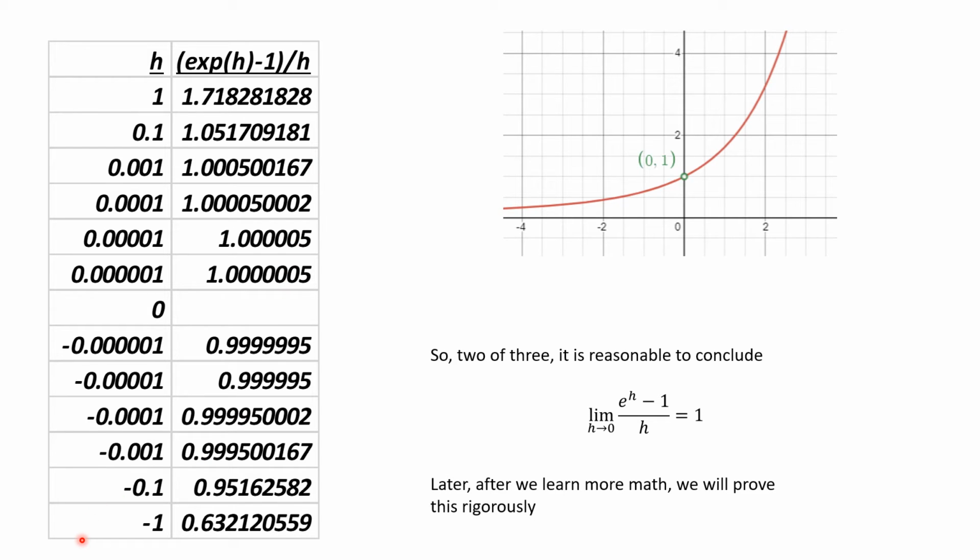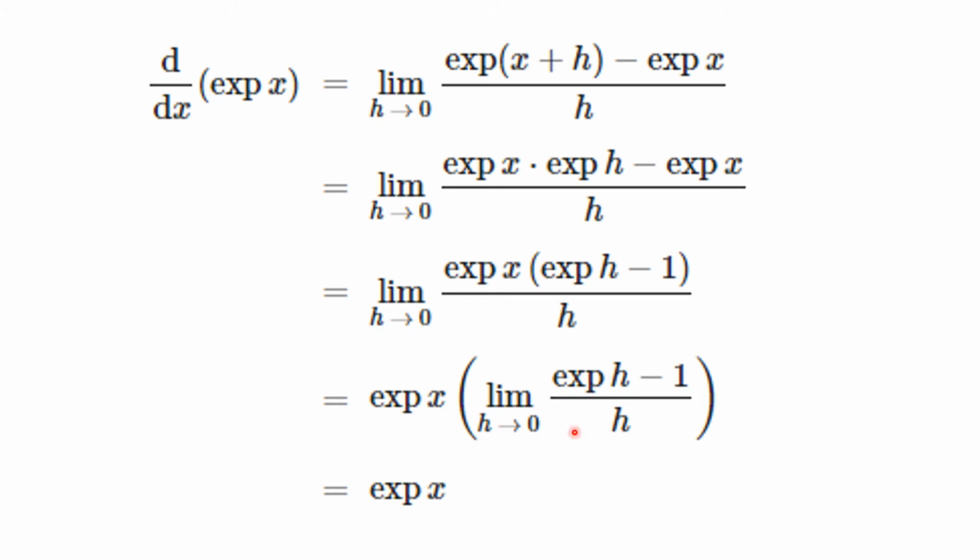Similarly, if I pick numbers closer and closer to 0 from the left, I get closer and closer to 1. So 2 out of 3, and later on we'll do this other part, but it's reasonable to conclude that this is 1, and so we've confirmed that this is 1, and so the derivative with respect to x of e to the x is e to the x.